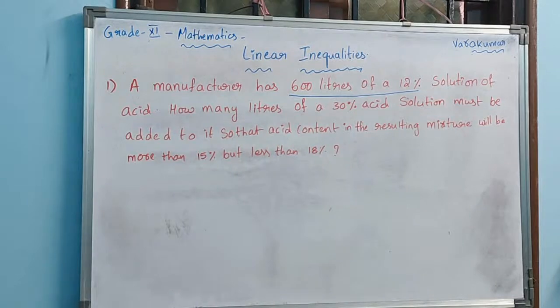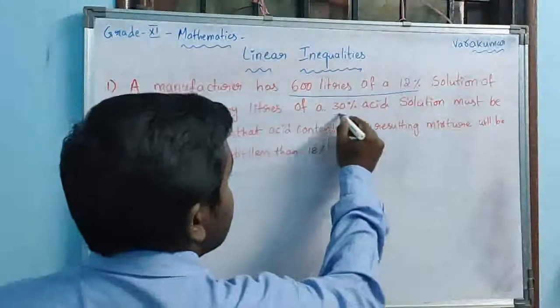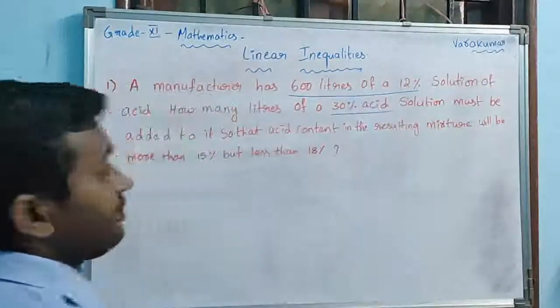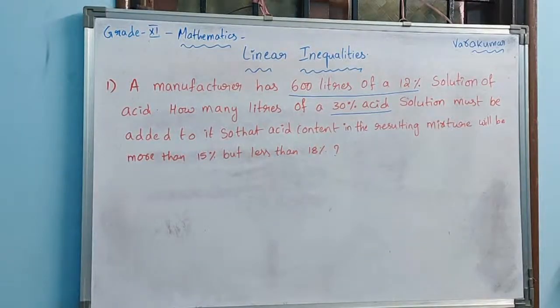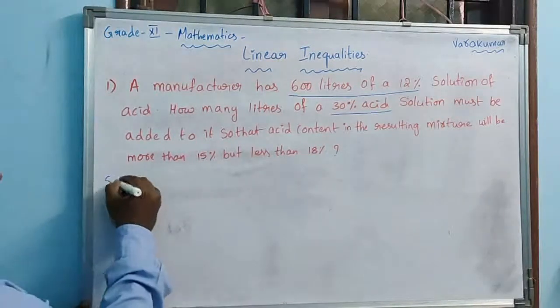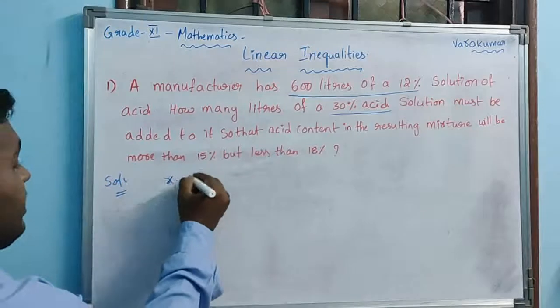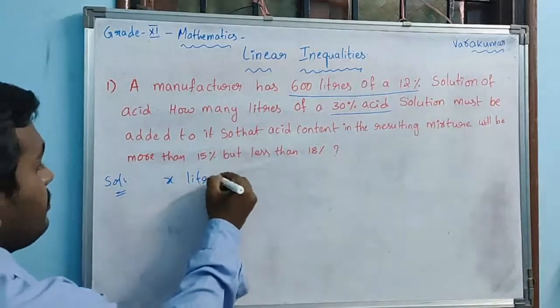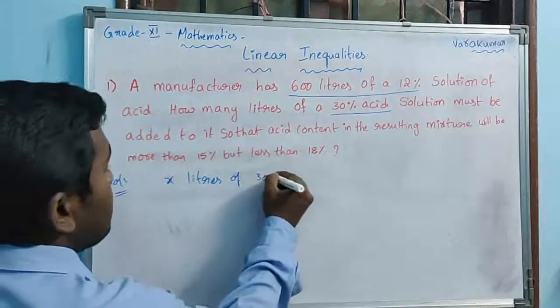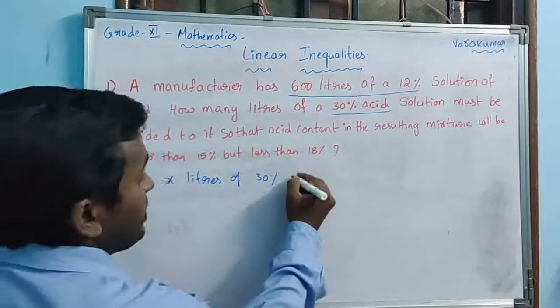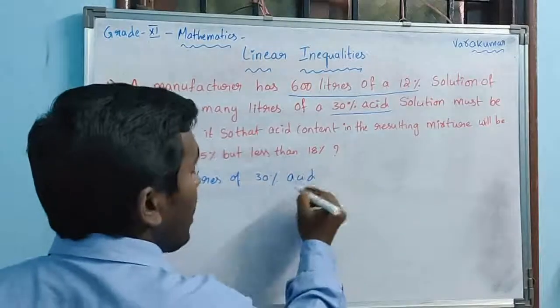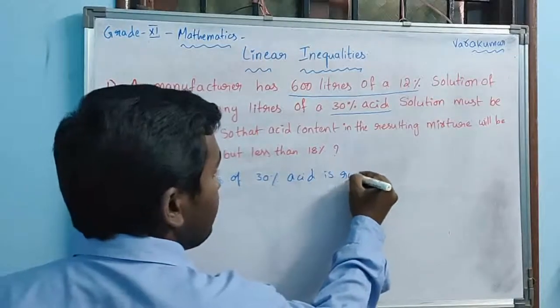Now, how many liters of a 30% acid solution? So, we don't know that one. So, let us assume that X liters of 30% acid solution is required to be added.